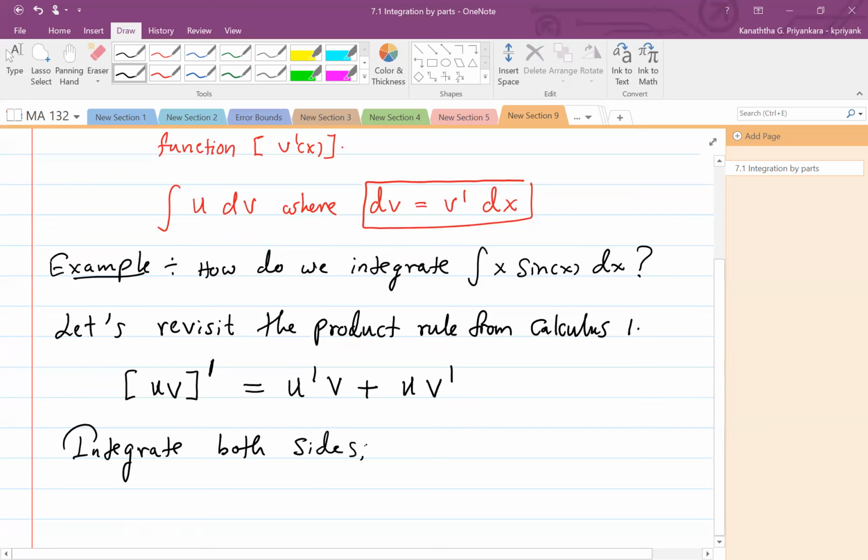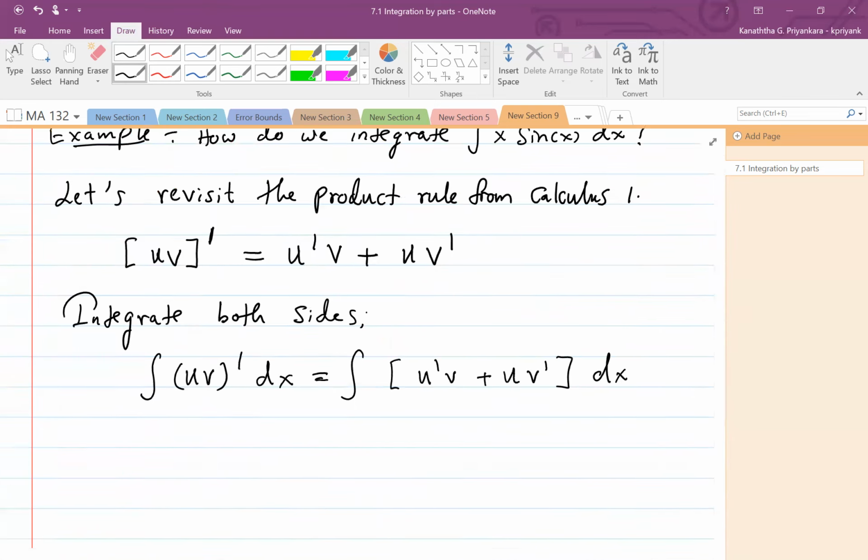So now I can write the left hand side as the integral of the derivative of uv, and the right hand side we have the integral of u prime v plus u v prime. We integrate with respect to x. So you know that this is the derivative with respect to x, so we are going to integrate again with respect to x. So the answer would be uv.